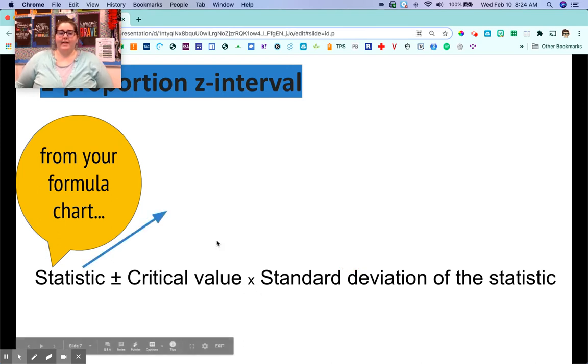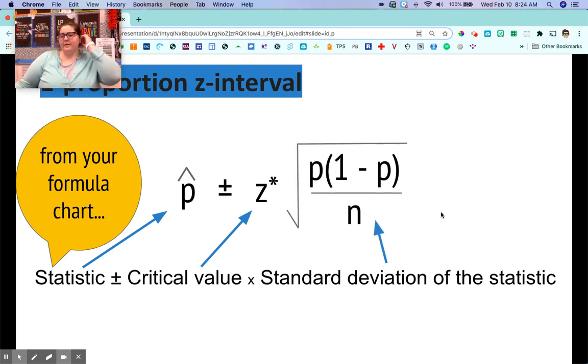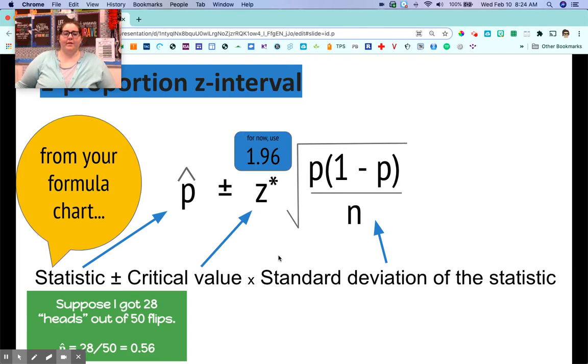Our statistic in this case would be our sample proportion. For the critical value, we use the letter z star to represent that. We'll come back to this and talk more about it in a few slides. And then our standard deviation formula for proportions is the square root of p times 1 minus p over n. For now, we're going to use 1.96 for our z star, and we'll come back to what that means later.